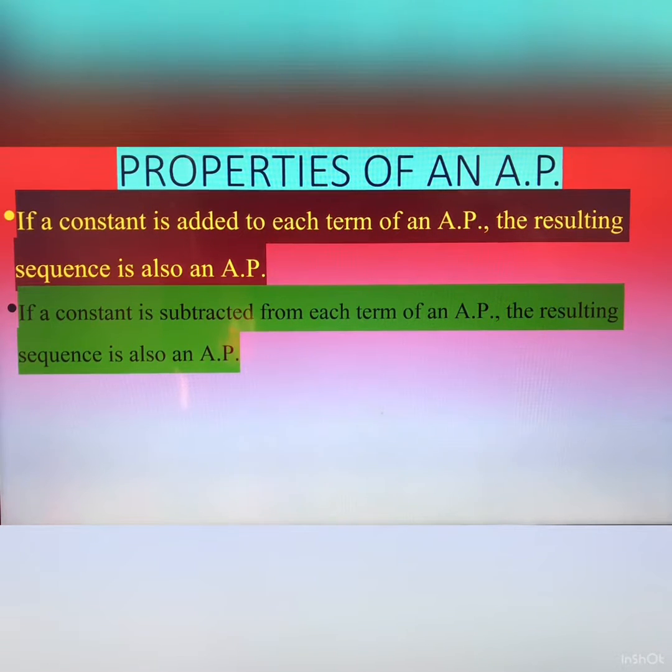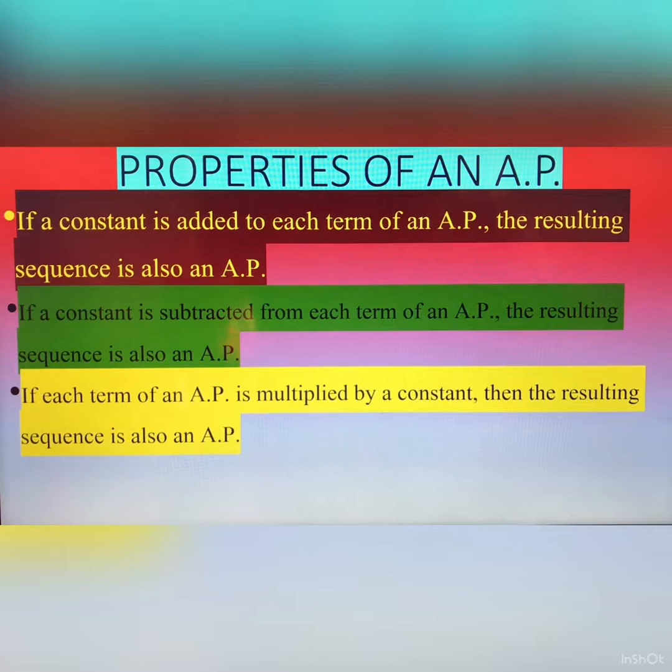Means if a fixed number is subtracted from each term of an AP, then we will get a new AP. After that, if each term of an AP is multiplied by a constant, then the resulting sequence is also an AP. Means if we take any number and multiply it with each term of the AP, then we will get a new AP.